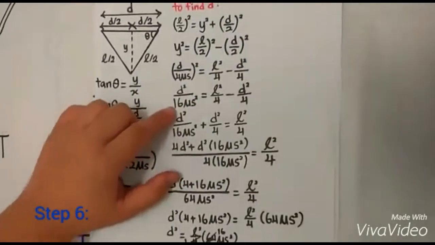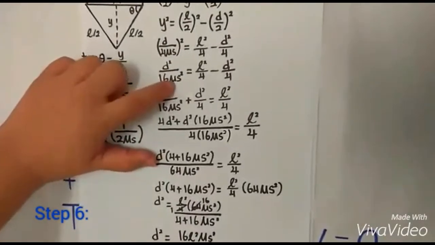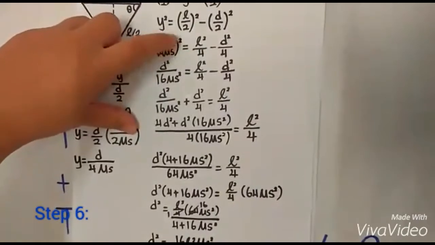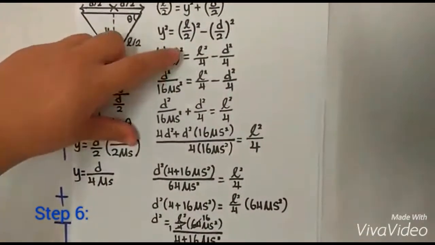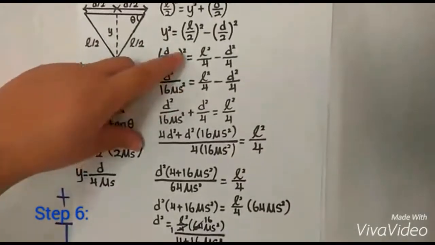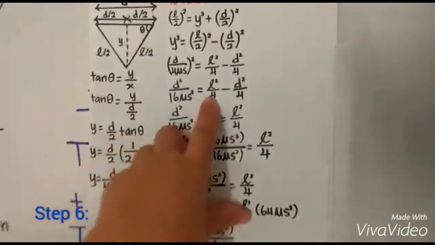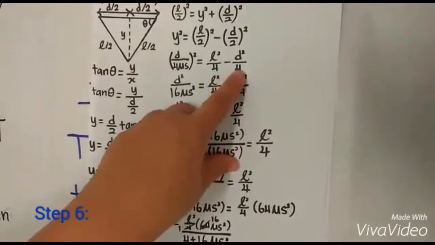So we get d square divided by 16 mu s square, because this one must also be multiplied inside, so it becomes d square, and 4 squared becomes 16 mu s then squared. Then equal to, we just write it the same as above.